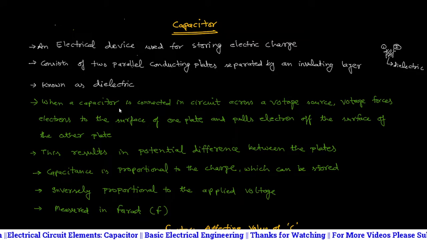Now when a capacitor is connected in a circuit across a voltage source, means if we are applying voltage across this capacitor, this voltage forces electrons to the surface of one plate, means the concentration of electrons will be more on one plate, and pulls electrons off the surface of the other plate.